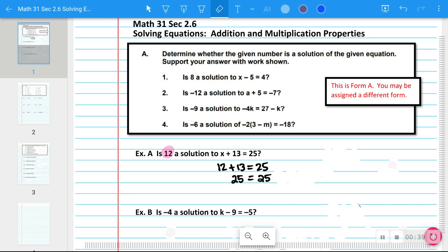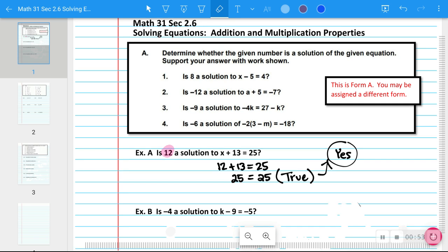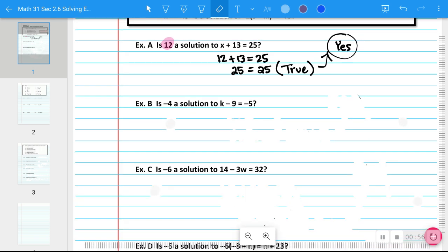And 12 plus 13 equals 25, and then 25 equals 25 is a true statement, and because of that, the answer we want is yes, 12 is a solution to x plus 13 equals 25. So when you get a true statement at the bottom after all the calculations are done, then yes, it is a solution.